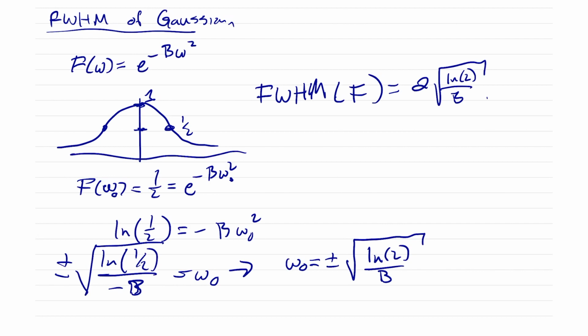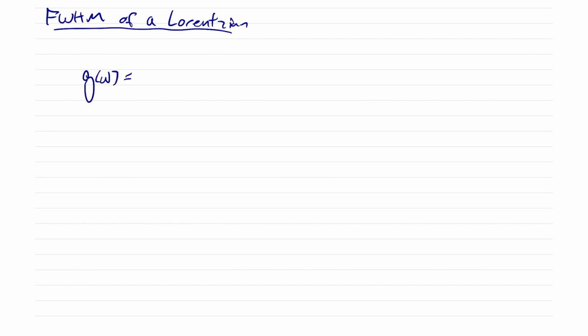Okay, and to round it out, Feynman also talks about the full width half maximum of a Lorentzian. So they're going to be taking a look at this function, g of w, is equal to T2 over 1 plus 4 pi squared T2 squared times w minus w naught, quantity squared.